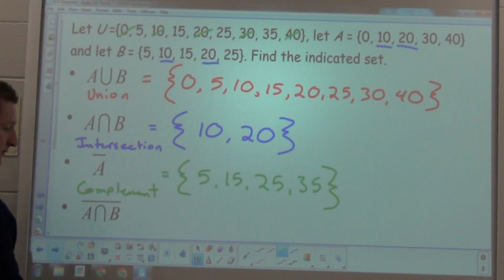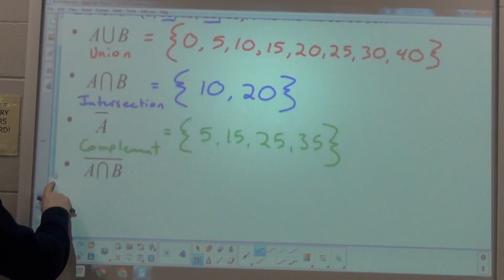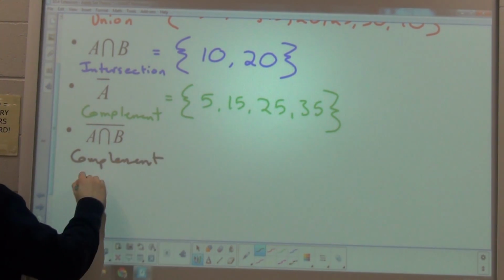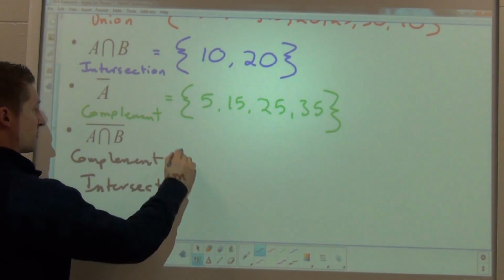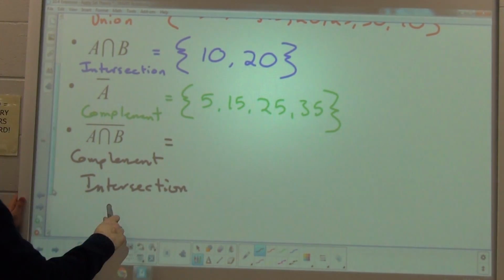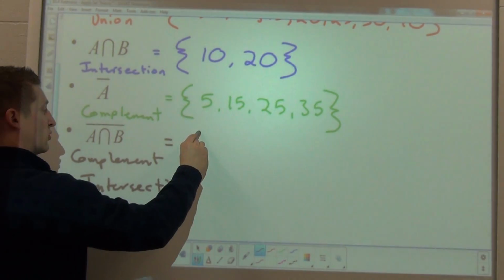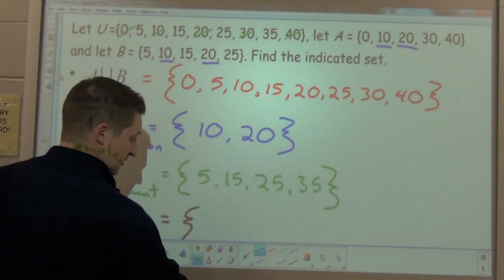Our last example, we're asked to find the complement to the intersection of A and B. Now as we write this one out, the intersection of A and B we've already found right here. That was 10 and 20. So the complement to that is going to be everything but 10 and 20. So I go back to my original list.